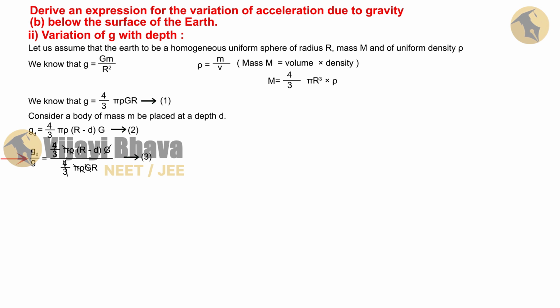The leftover is gd by g is equal to R minus d by R. This can also be written as gd is equal to g into R minus d by R. Taking LCM, this equation can be written as gd is equal to g into 1 minus d by R. From this, we can infer that the value of acceleration due to gravity decreases with depth.